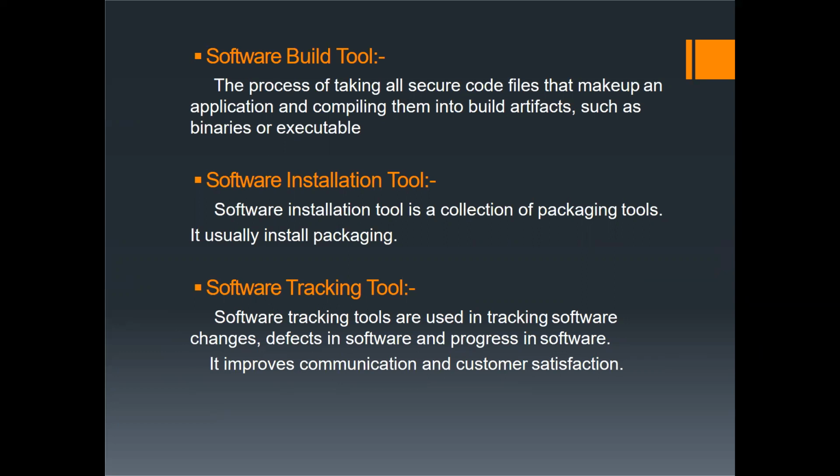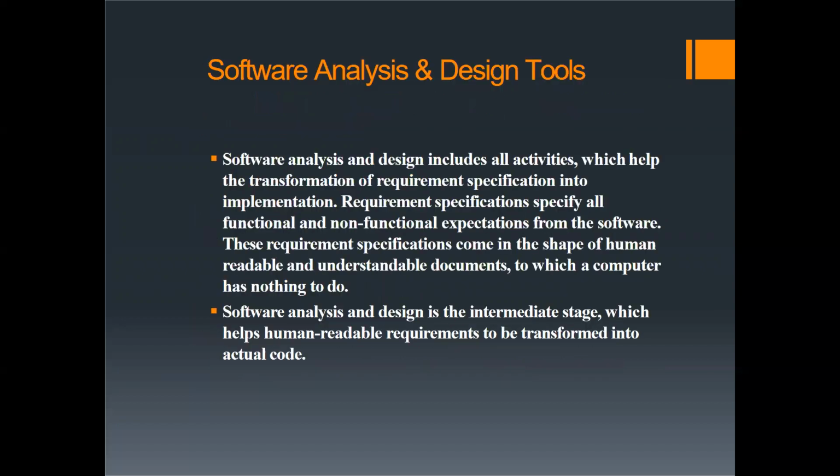Say, for example, you have a requirement of building a particular software, or installing a particular software, or tracking a particular software. So different things fall into different categories. For example, if I come to software build, we have Maven and Gradle kind of build tools that are available.